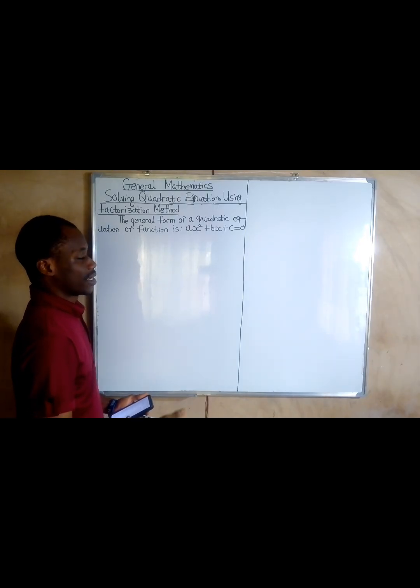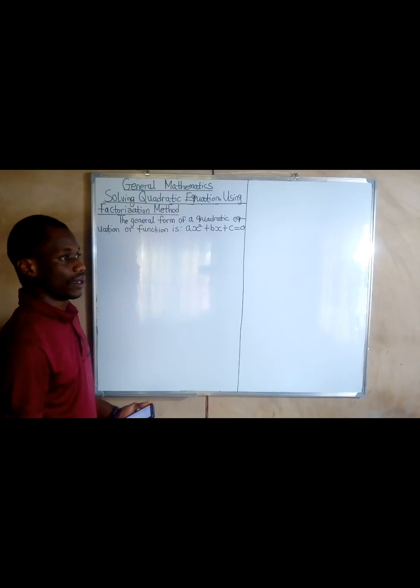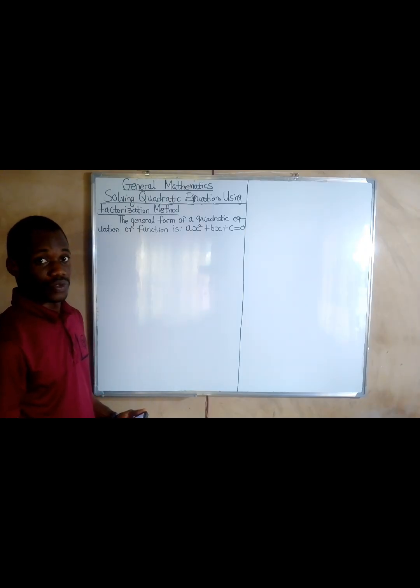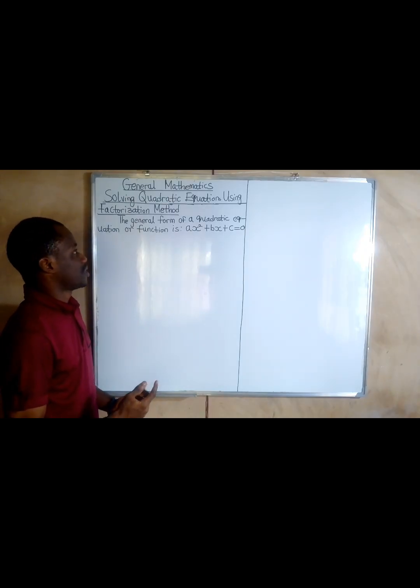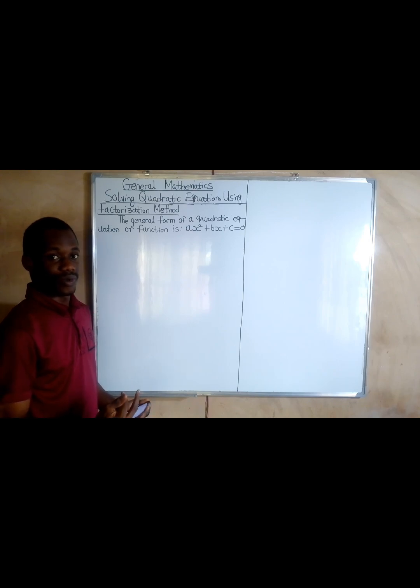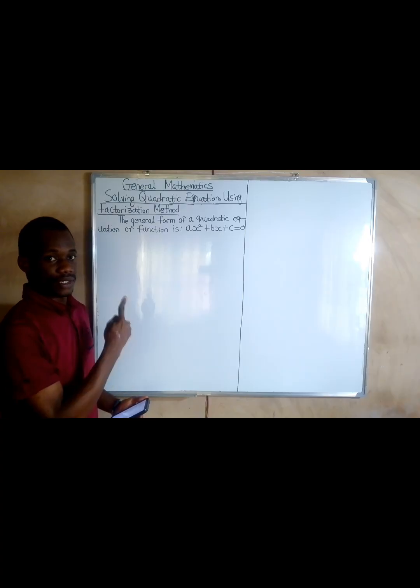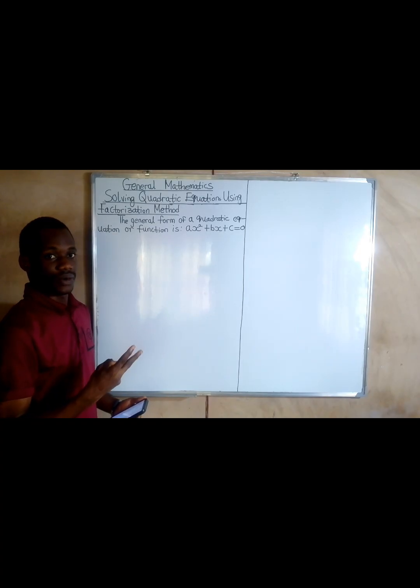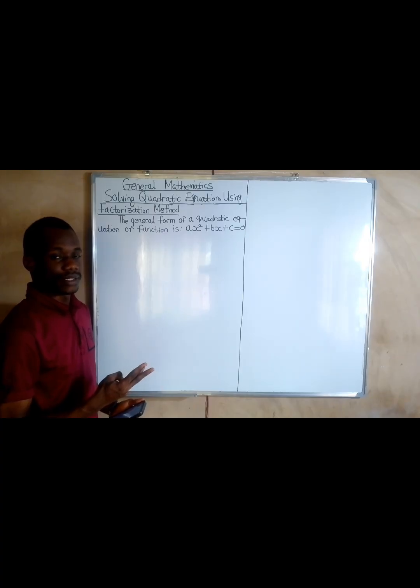Now, like I said, we have various ways of solving a quadratic equation. The first one is the factorization method. That's the first one we'll be doing today. Then we have another one called the completing the square method. Then the third one is called the formula method, which is also known as the use of the almighty formula.